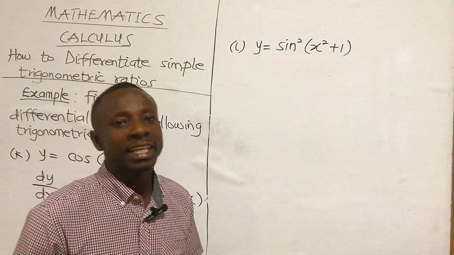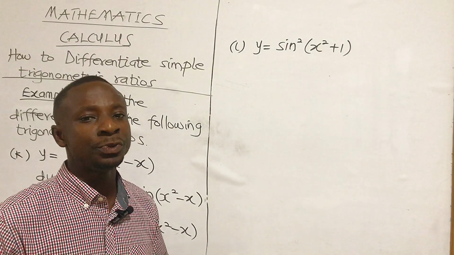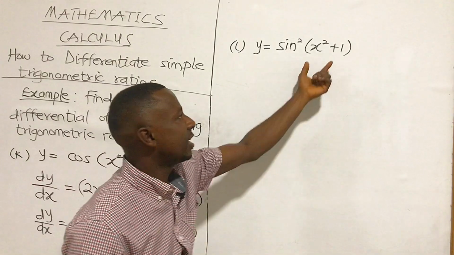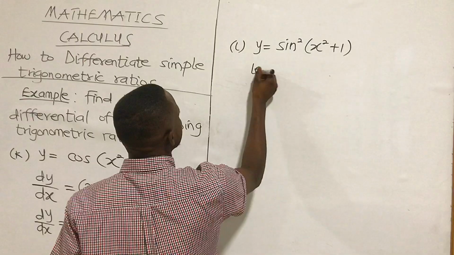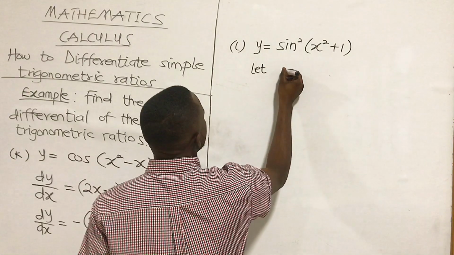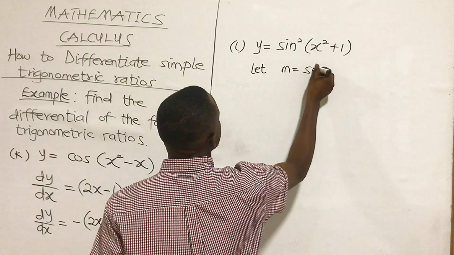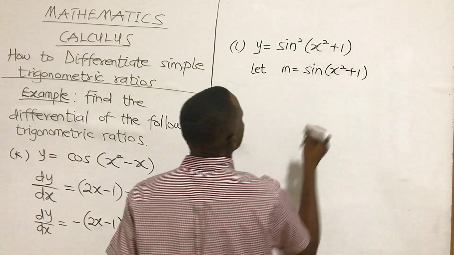Here, the sine is carrying an exponent. So you're going to use a variable to represent the sine in addition to the function. So let m be equal to sine of x squared plus 1.